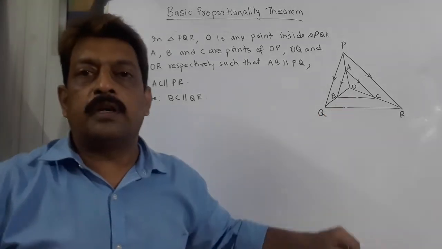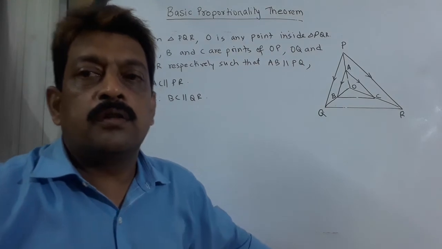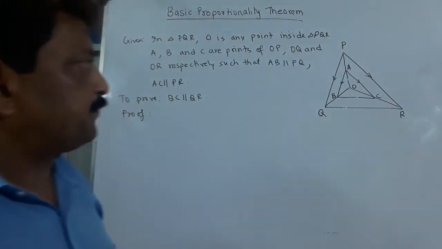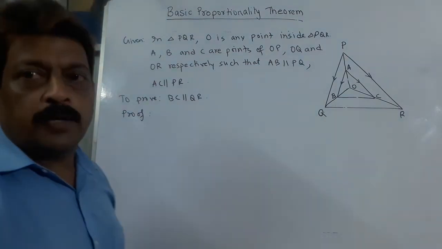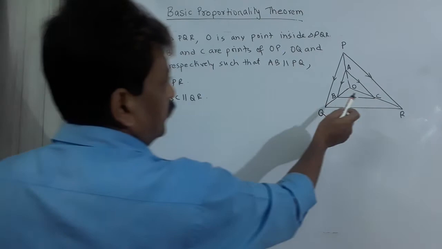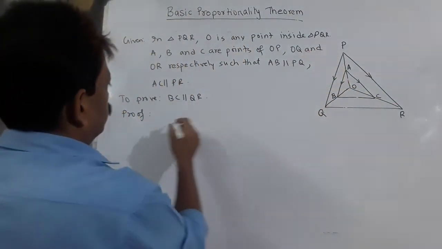Though the diagram looks very critical, the sum is very easy and simple. We just have to apply the knowledge of Thales theorem and its converse. First of all, let me consider triangle OPQ.